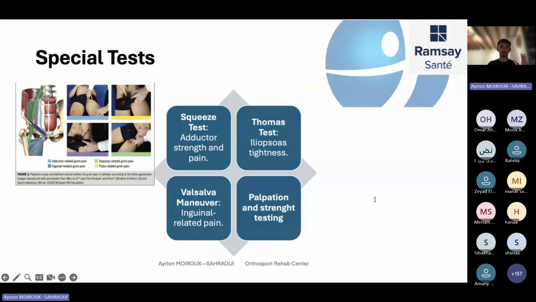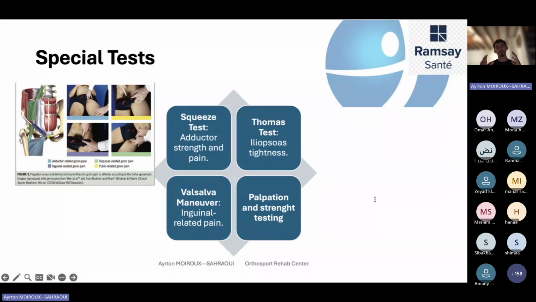Special tests. Okay, so the squeeze test, first of all, for the patient that may have some pain in the adductor area.